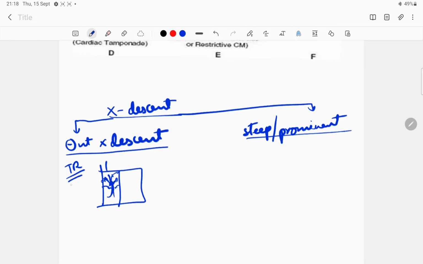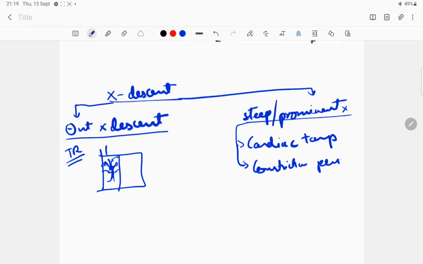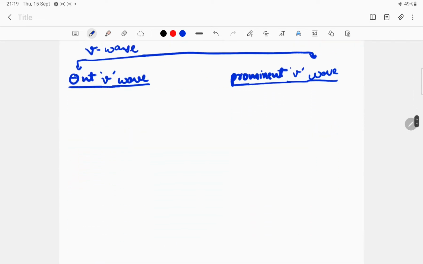So tricuspid regurgitation will have an absent X descent. And talking about a prominent or steep X descent, we can have that in cardiac tamponade and constrictive pericarditis. We will discuss these two conditions at the end of this video. So just remember these two under this heading for now.